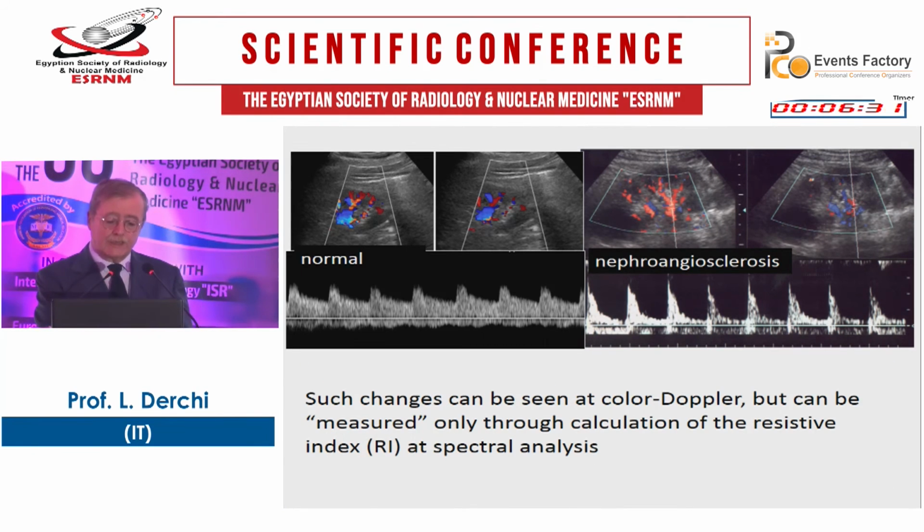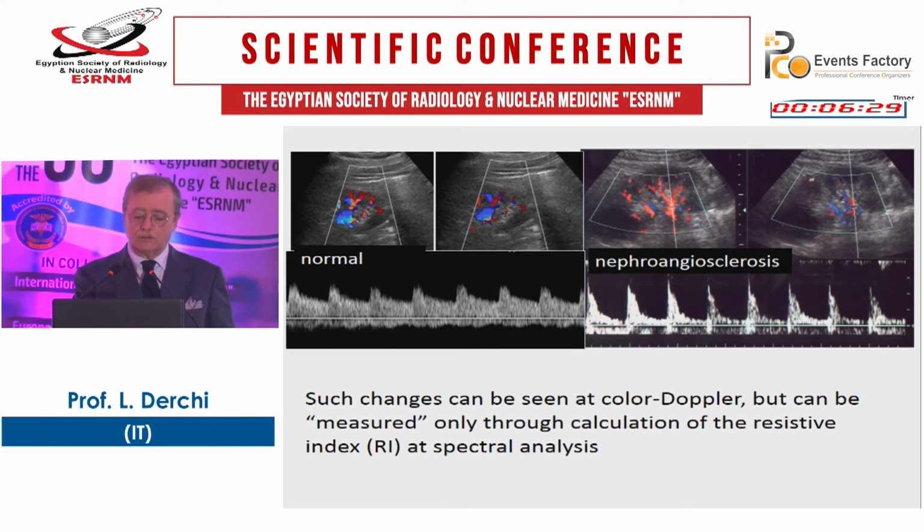Such changes can be seen also when you observe systolic and diastolic flow in normal and nephroangiosclerosis at Colour-Doppler, but can be measured only through calculation of the resistive index at spectral analysis.